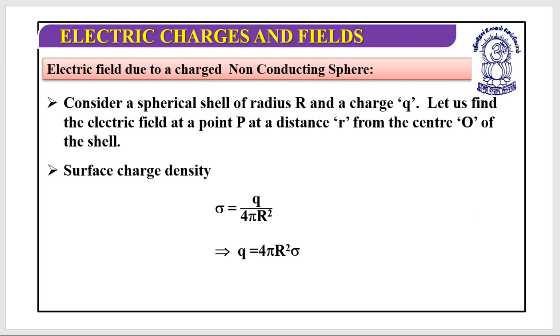Now they have asked about the electric field due to a non-conducting sphere. Up till now it was the conducting sphere. Now it is a non-conducting sphere. Basically, tell me what is the difference between a conducting sphere and a non-conducting sphere? Let's say I have taken two surfaces.